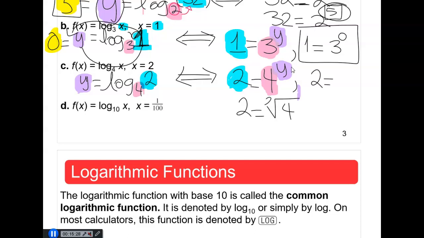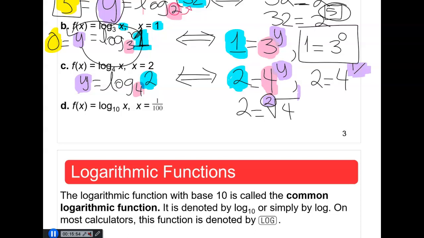So the index of the root, which with the square root is implied, we don't write it, but we know it's a 2. We don't call it the first root, it's the square root. So that number 2 is the index, and that will be the denominator of your exponent. So the exponent will be 1 over 2.